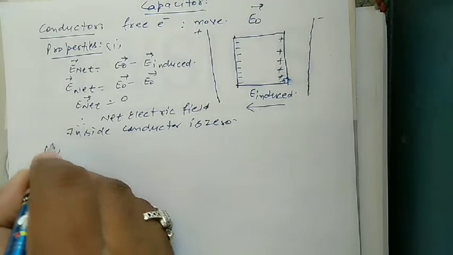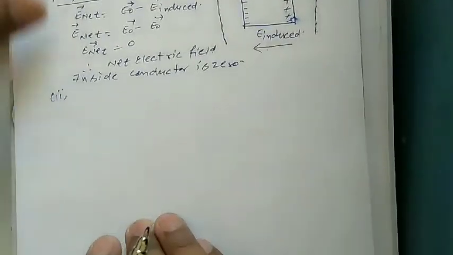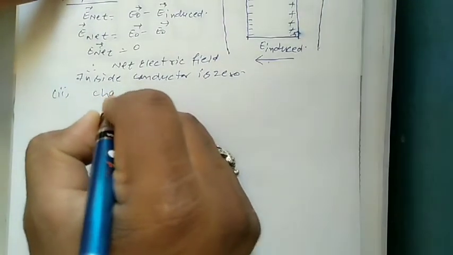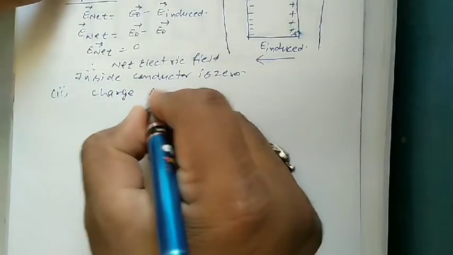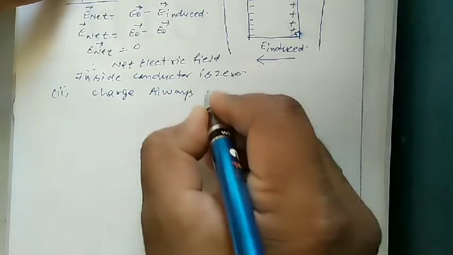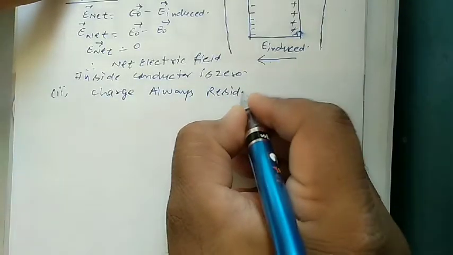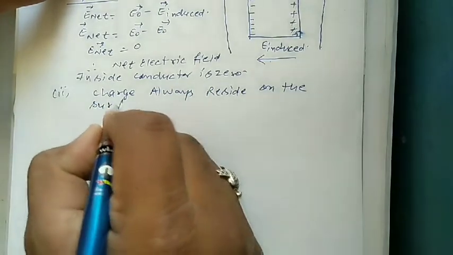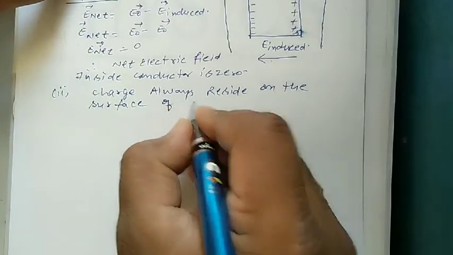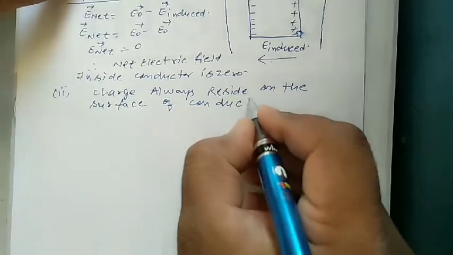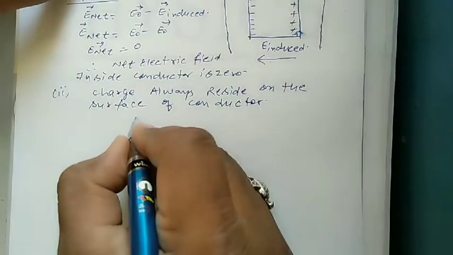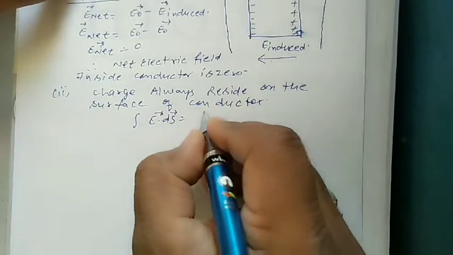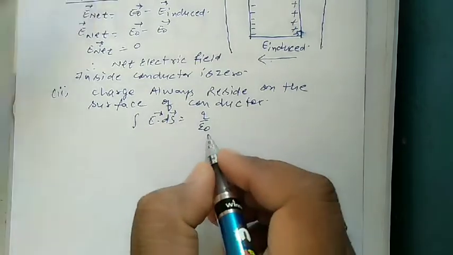Second property, charge always resides on the surface of conductor. According to Gauss theorem, we can write E dot ds equals q upon epsilon 0.